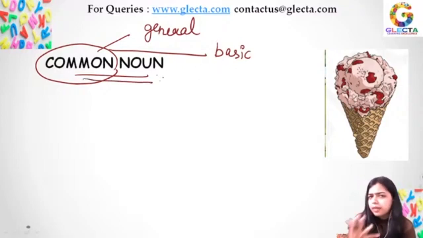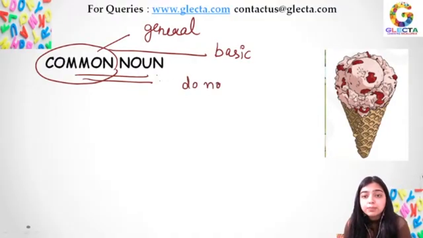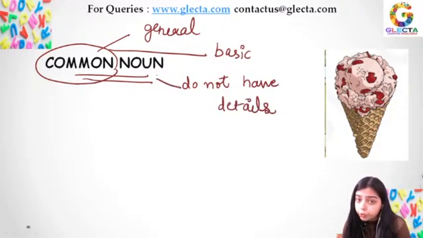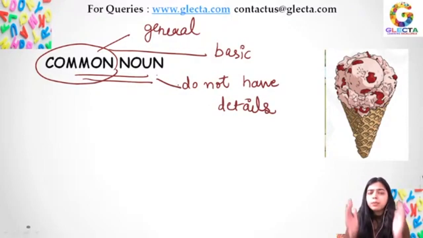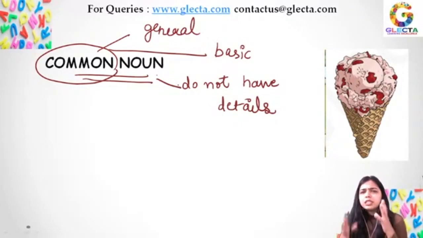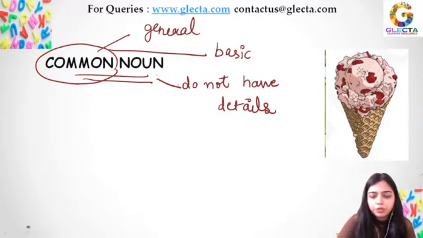As the name suggests, these are basic nouns, general nouns that do not have specifications or any details. We also use this type of noun to demonstrate a particular group, which we'll be learning in the few examples that I'm going to give you now.